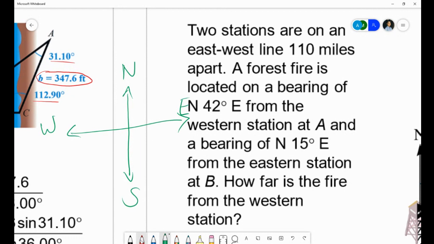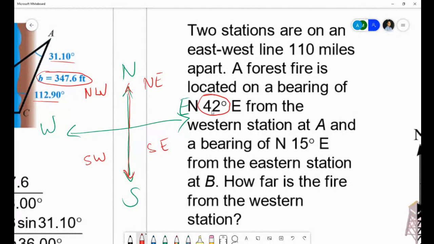The first quadrant is northeast, second quadrant is northwest, third quadrant is southwest, fourth quadrant is southeast. Anytime they give you a measurement and it's a bearing, it's always measured from due north or due south and in that quadrant.